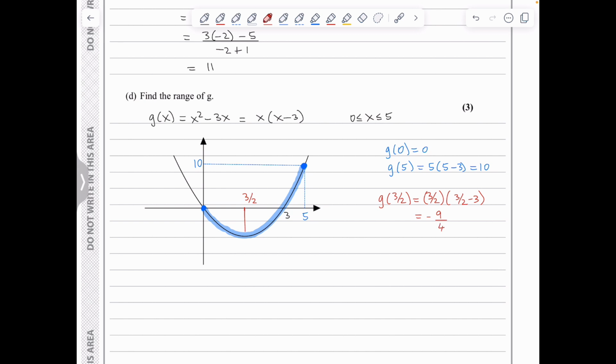So if I go down here and then to the left, this is going to be -9/4, and we can see that g(x) attains values between -9/4 up to and including 10. So we conclude that g(x) belongs to the reals, with -9/4 ≤ g(x) ≤ 10.